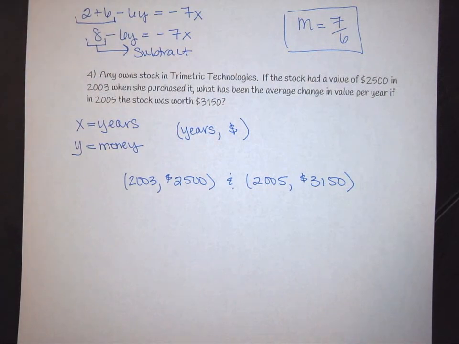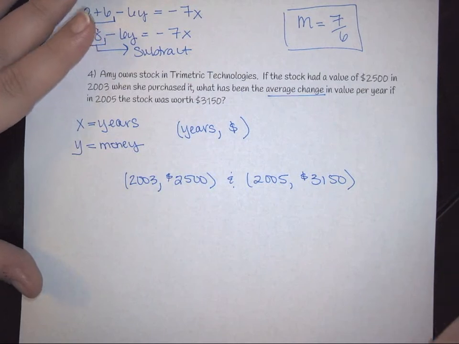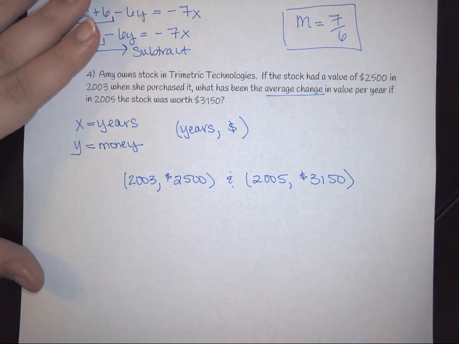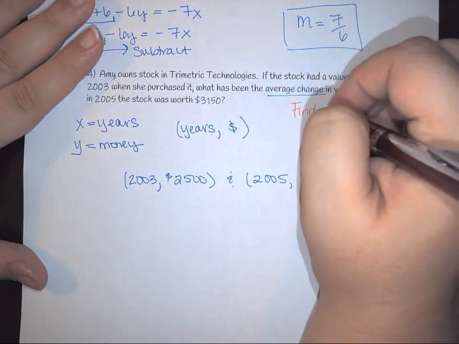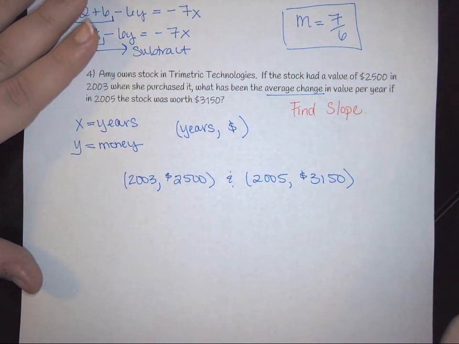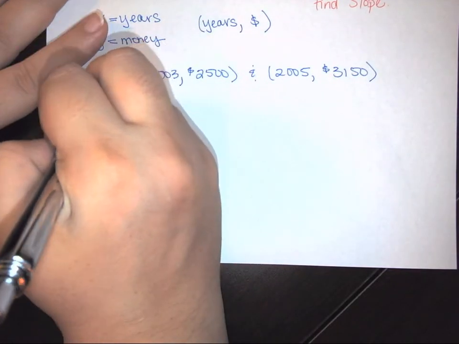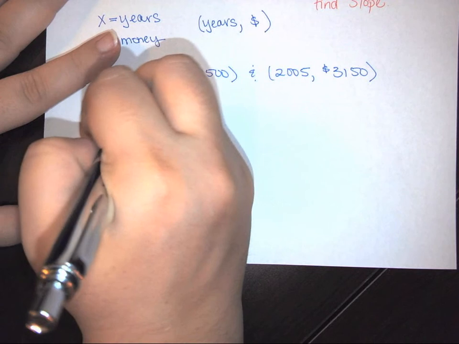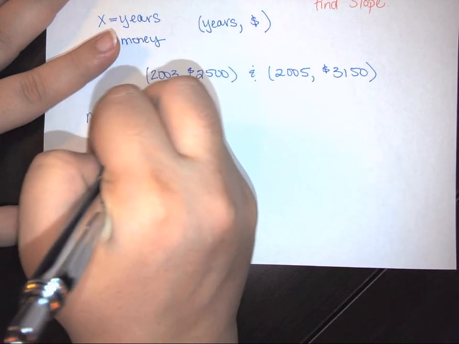So we have to find the average change. Well, average change essentially means find the slope. So in this case, we have to use that m equals y2 minus y1 over x2 minus x1.